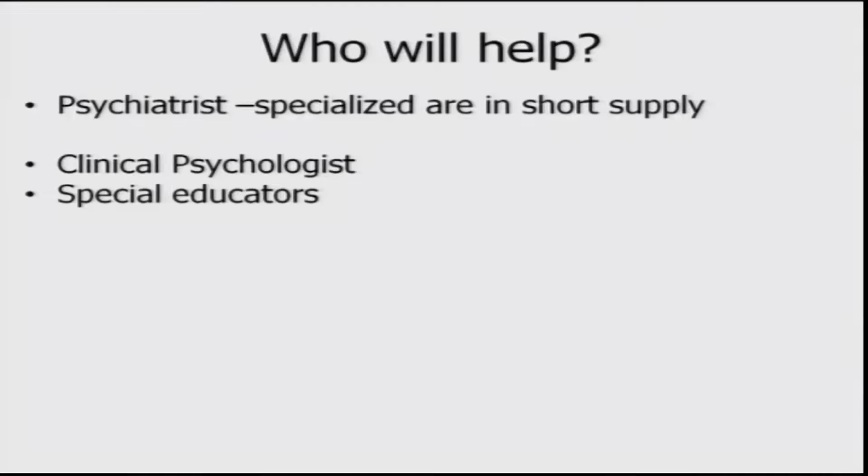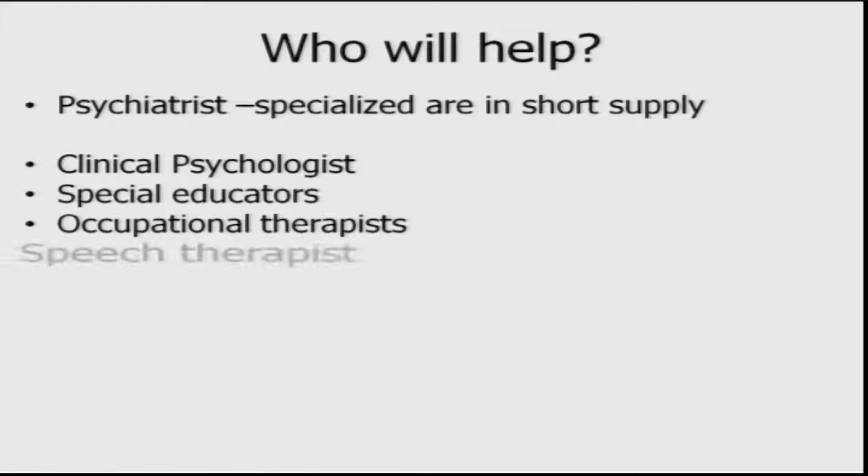Who are the people who help children? Psychiatrists, they are specialized in child psychiatry, but they are in short supply. So are clinical psychologists, special educators, which you find in most of the metros in India at least now, people who work with kids with dyslexia and dysgraphia, occupational therapists, speech therapists, and not the least, parents.